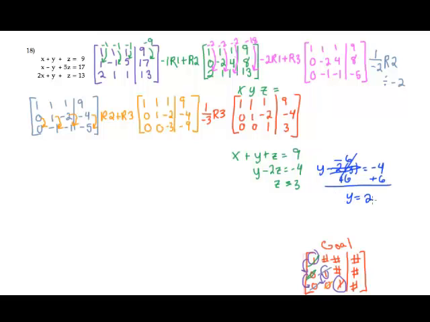So y equals 2. So I have z and y, and I plug it back into the very first equation. x plus 2 plus 3 equals 9, which is x plus 5 equals 9. So x equals 4. And that's all there is to that.